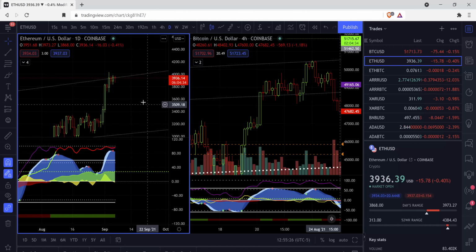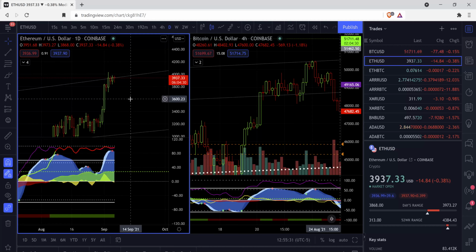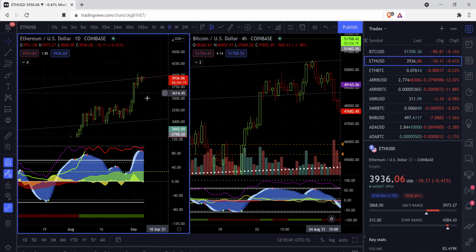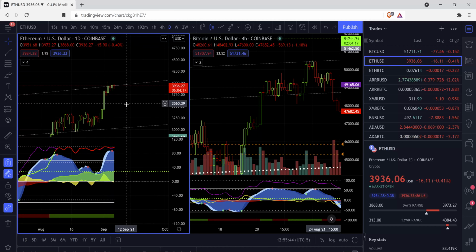So ETH is here at this line as well, so I took a position there as well, and part of me thinks that this will retrace back down, so I might be in this position for a little longer than ideal, but I don't know when it's going to go up.